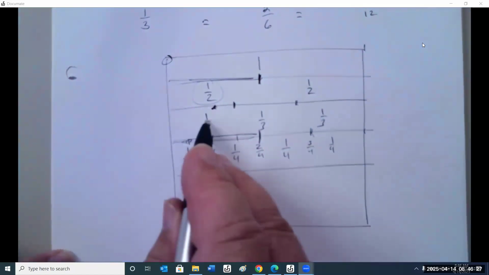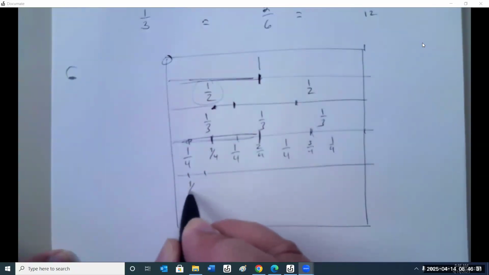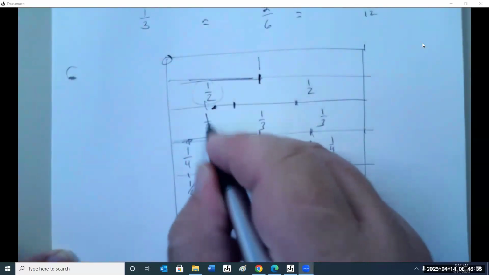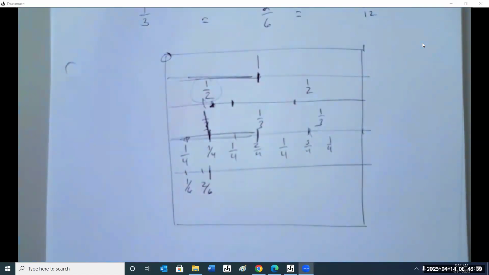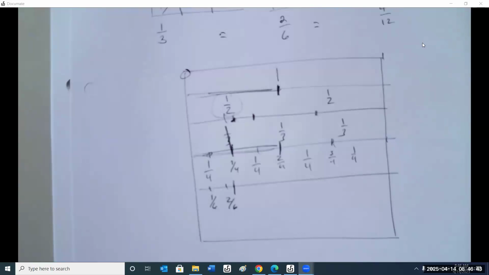You can say that 1/3 is the same as 1/6, 2/6. They're the same values. 1/3 and 2/6 are the same value. But you'll have that as a poster in your classroom, or a lot of teachers do have those math posters.